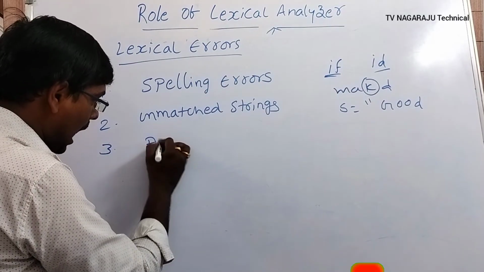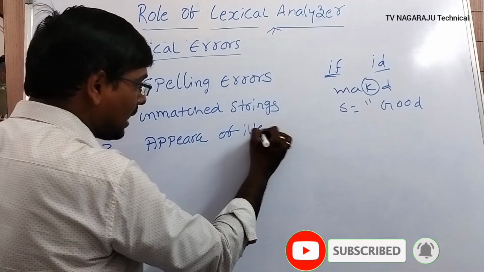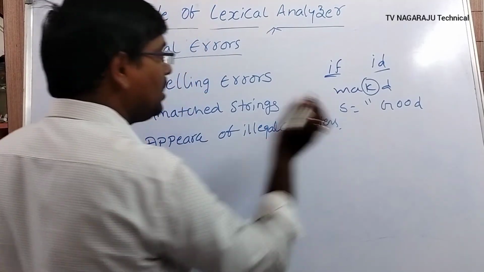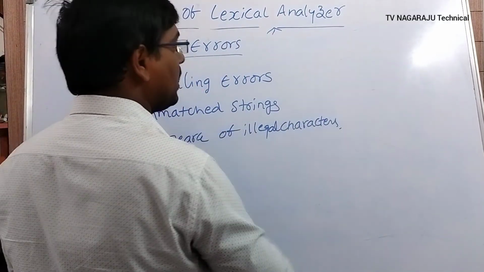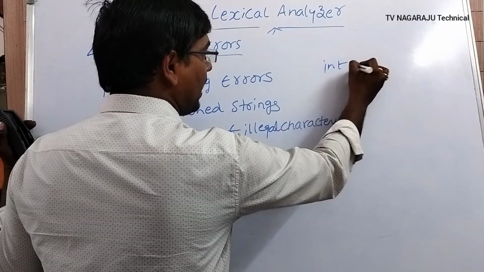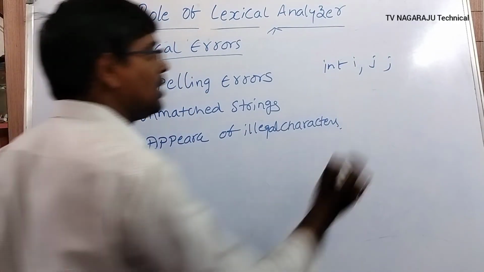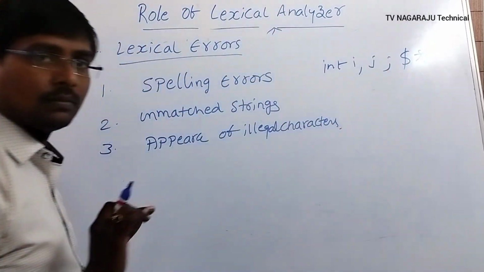Now, the appearance of illegal characters. What do you mean by illegal characters? For example, I am declaring a variable, int i comma j ended with semicolon. That statement is clear. Suppose you then write some symbol like dollar star.